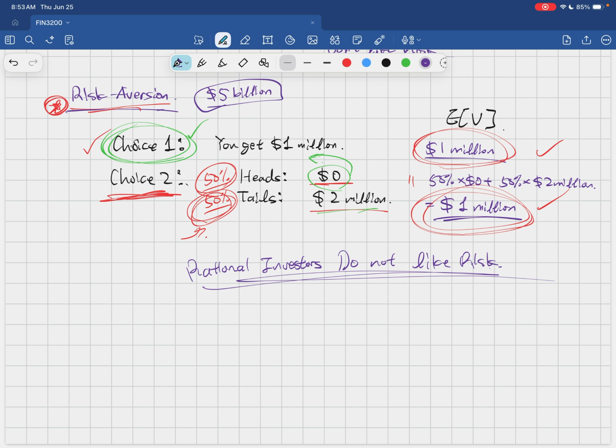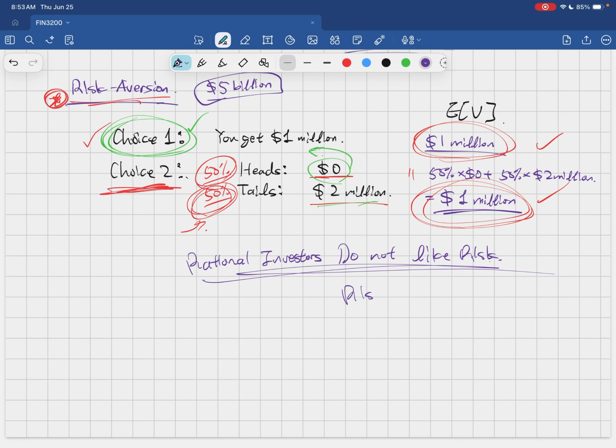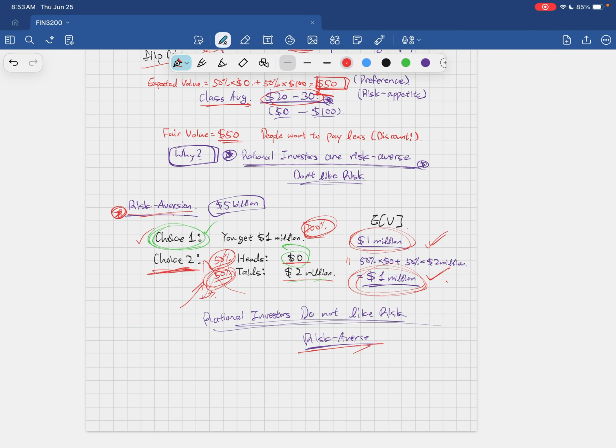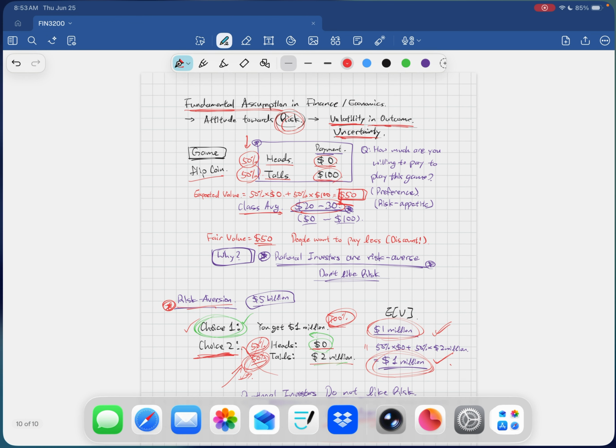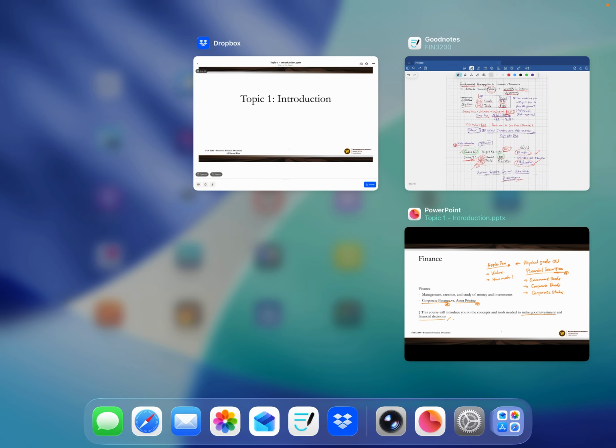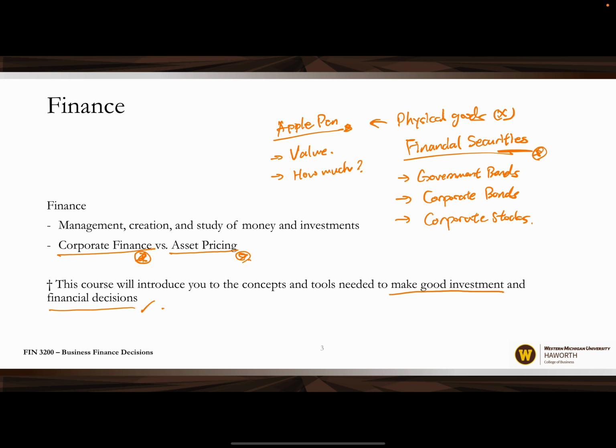People are risk averse. So all else equal, people prefer an investment that's more certain compared to something that is more risky. Risk aversion. That's the first fundamental assumption in finance. Let's move on.